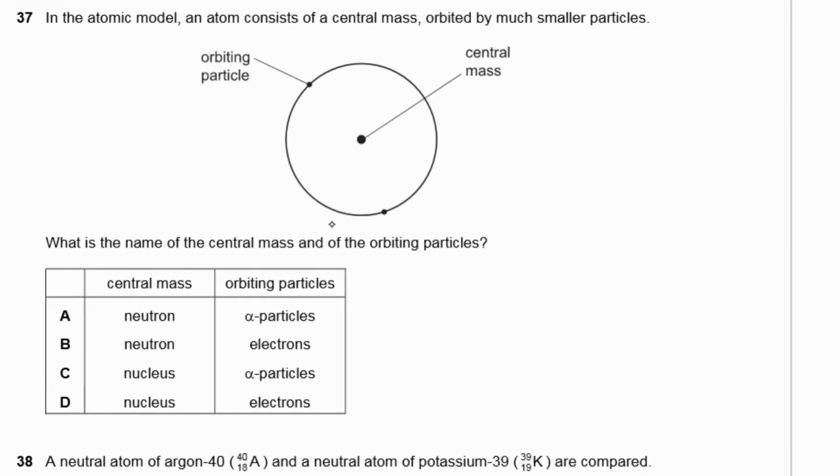37. In the atomic model, an atom consists of a central mass orbited by much smaller particles. Well, here we go, it's the nucleus, and that's made up of protons and neutrons. When I'm reading through these questions, I like to write down what I see. The reason is it just makes me more aware of what the question's asking.